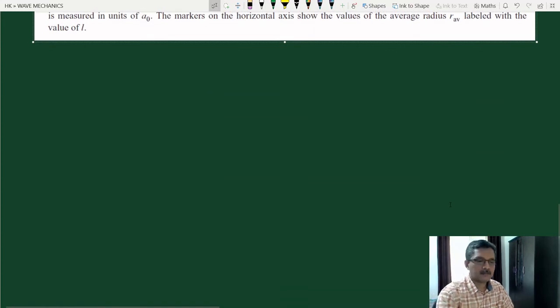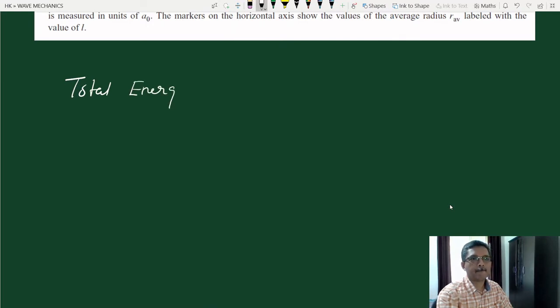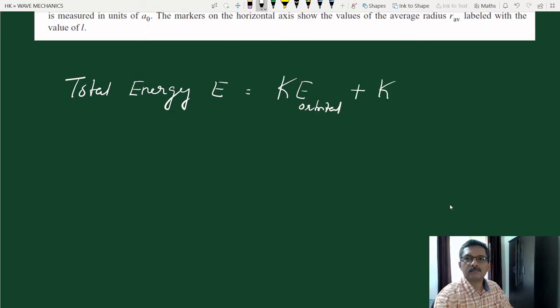See, the total energy of the hydrogen atom we can write as orbital kinetic energy of the electron plus radial kinetic energy of the electron, and then potential energy of the system. Let us for the time being assume that the nucleus is stationary.